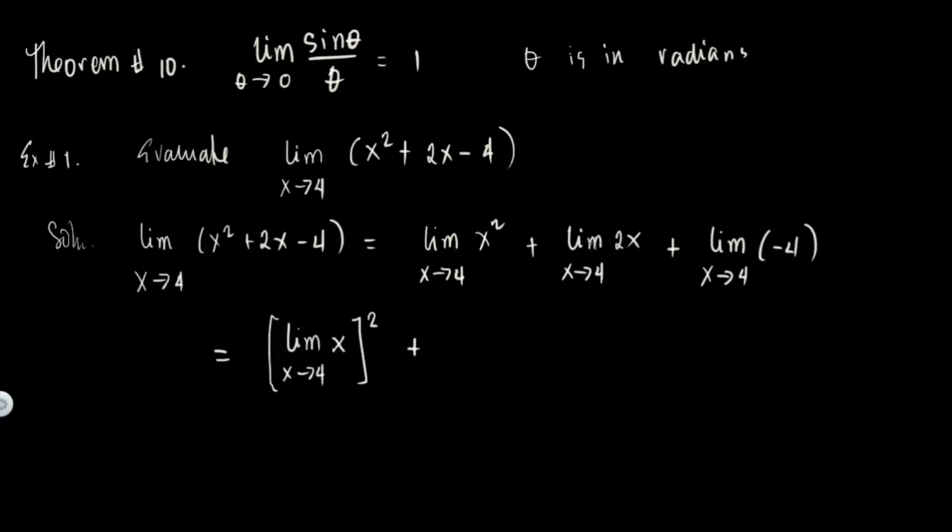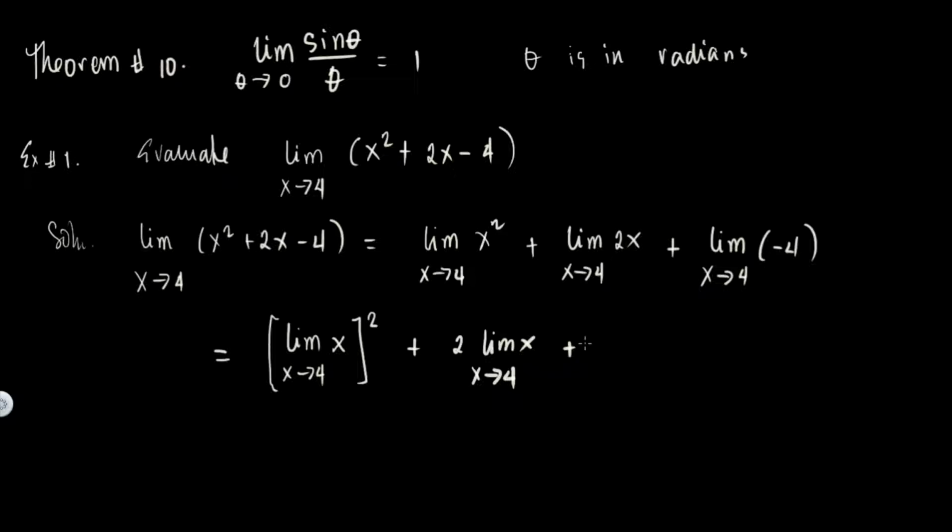this one, the limit of 2x as x approaches 4 is theorem number 3. So, meron kang constant. So, ilabas natin ngayon yung constant which is 2. Then, this is the limit of x as x approaches 4. Plus, okay, plus theorem number 1.